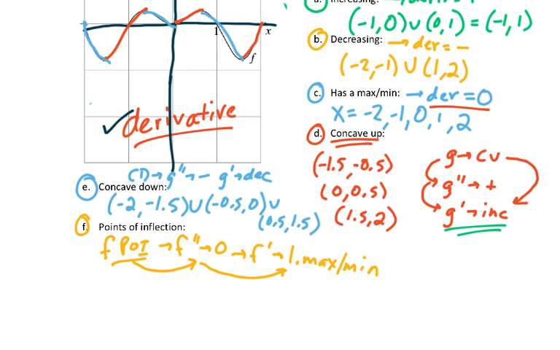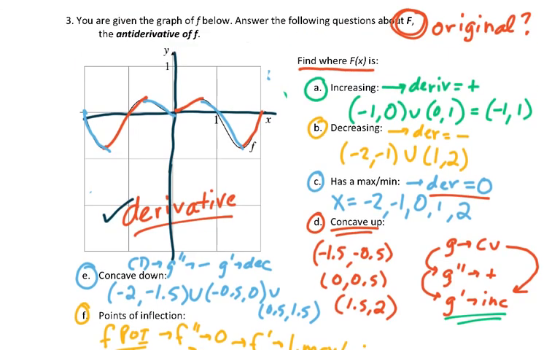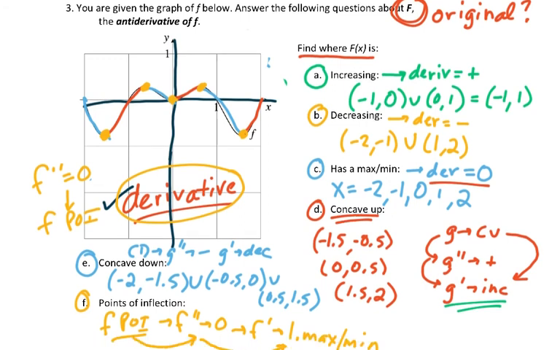So let's look up on the graph. Where are all my bumps? Here's a bump, here's a bump, bump, bump, and bump. Those are local maxes and mins of my derivative, which means the second derivative must be equal to 0 at these bumps, which means my original graph must be changing concavity and therefore have a point of inflection.